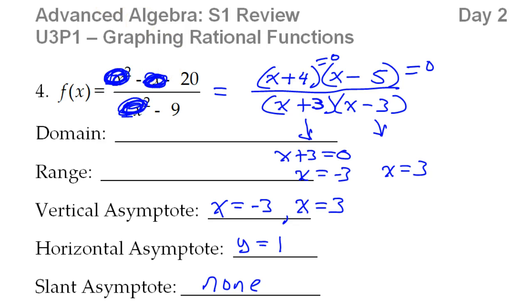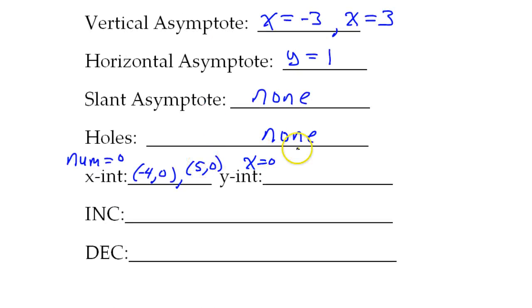Hold on, I'm hiding the sign here. It's a negative 20. Everything that has an x in it goes away when you make it 0, so what you're left with is the constants. So we have negative 20 over negative 9. Negative times negative is a positive, so that's 20 over 9. So that's the y-intercept.